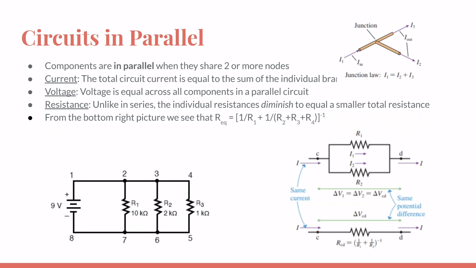The voltage for a circuit in parallel is going to be equal across all the components, and the resistance diminishes for a circuit in parallel. From the bottom right picture, we can see that the equivalent resistance is equal to 1 over R plus 1 over the other resistances, and then you take the inverse of that, and that's how you would find the equivalent resistance.